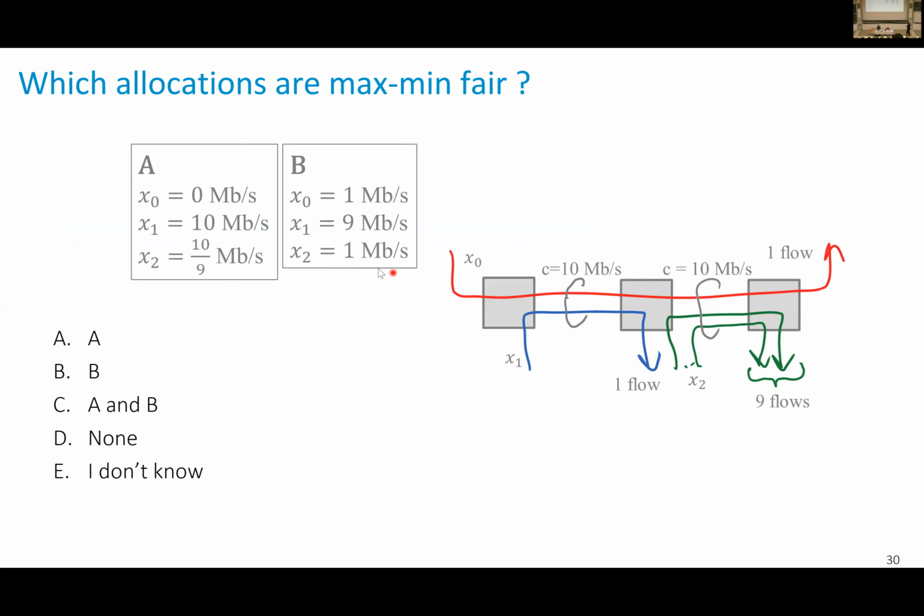So let's try here on this scenario again. Here I have two allocations. I gave a hint already, but we can verify which, if any, of those allocations happen to be max-min fair.